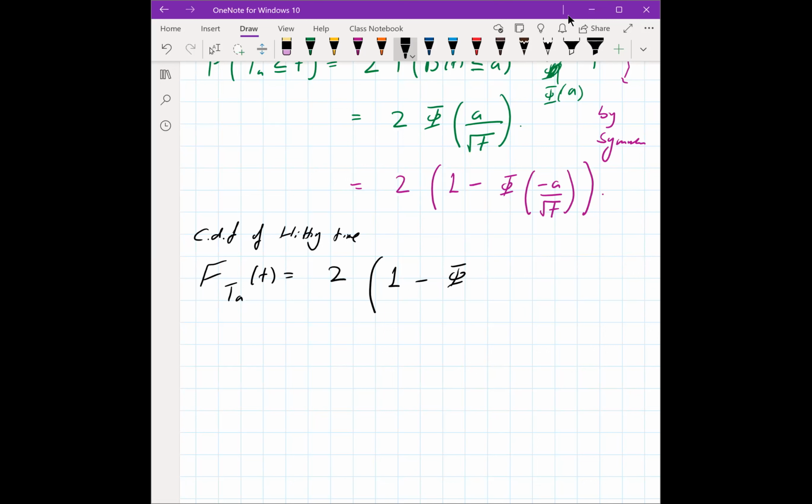If a is greater than 0, it's a over root t. If a is less than 0, it's minus a over root t. So that means it's the absolute value which matters only. So that's the CDF.